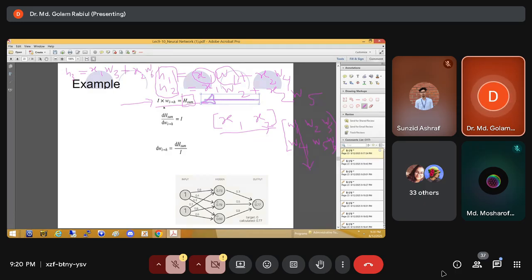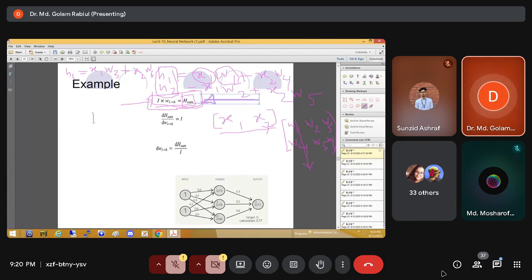Now we want to take the derivative of this equation with respect to W. If we take the derivative with respect to W, what will we get?